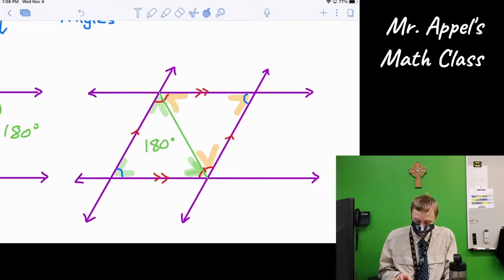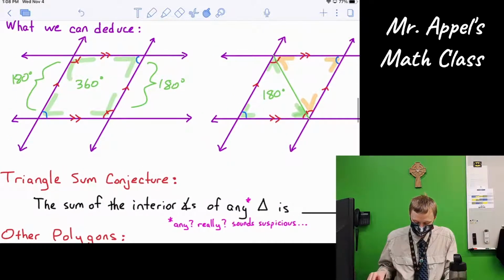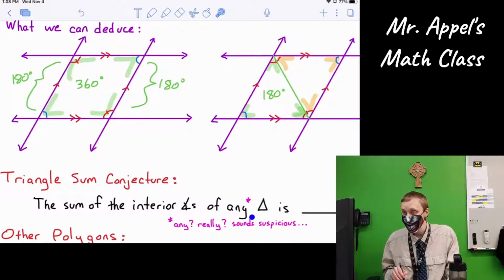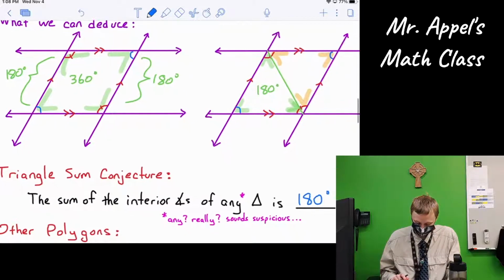And in fact, we are going to say that the sum of the interior angles of any triangle is 180 degrees. And we call that the Triangle Sum Conjecture.